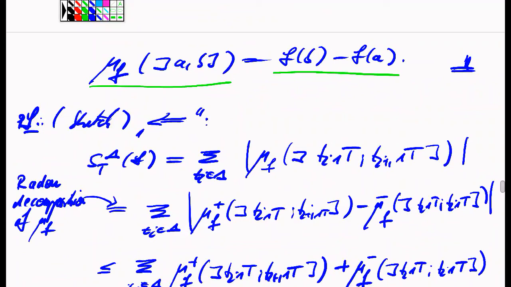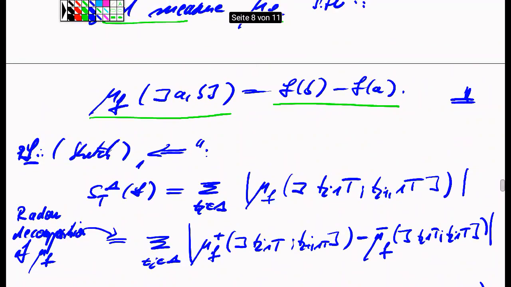And suppose I define a function with a given initial value, an arbitrary function at 0.